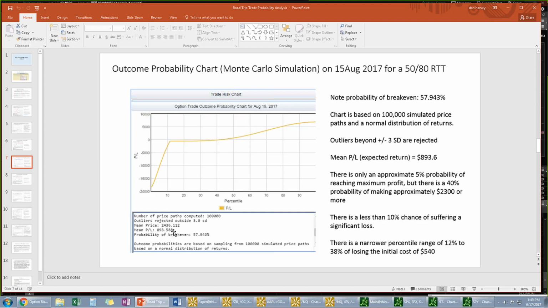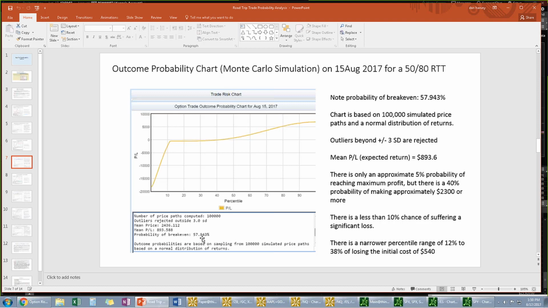We still have a very good mean P&L or expected return of $894. We have a much narrower range where you lose the entire $540. But now you have the probability of break even at nearly 58%.